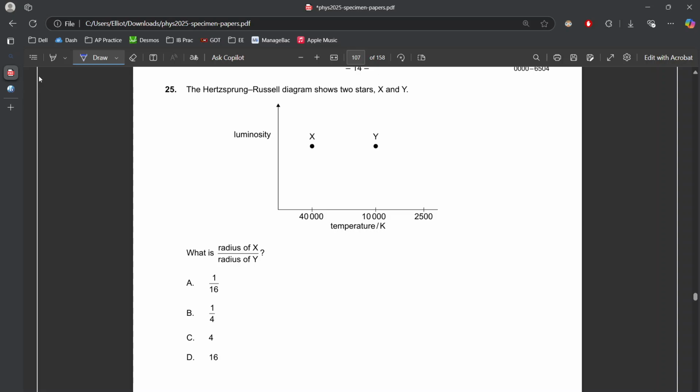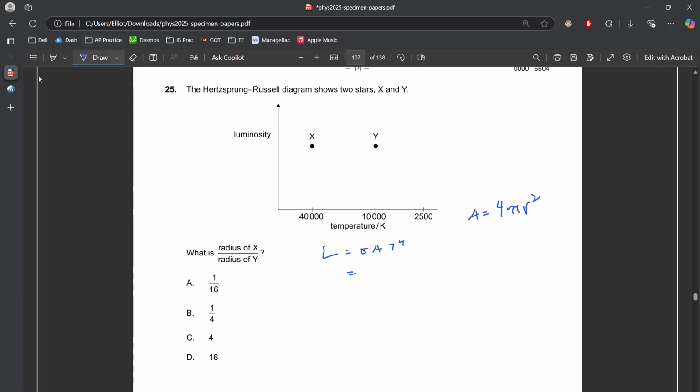Okay, so luminosity, if we go all the way back to B, is equal to sigma A T to the 4th, and then your area is going to be the surface area of a sphere, which is 4 pi r squared, where this r is the radius of the sphere.